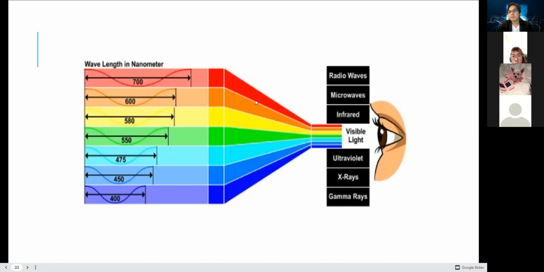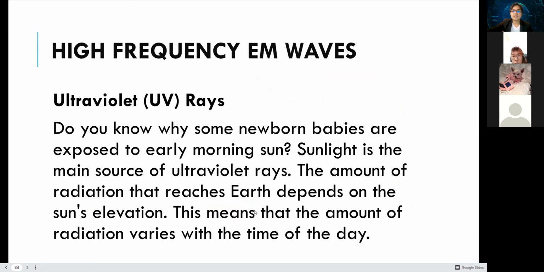These are the visible light spectrum. As you can see, it's ROYGBIV, right? Then ultraviolet rays, X-rays, and gamma rays. These are high frequency EM waves. When you say high frequency EM waves, it has a larger frequency. And it has a lot of uses also.